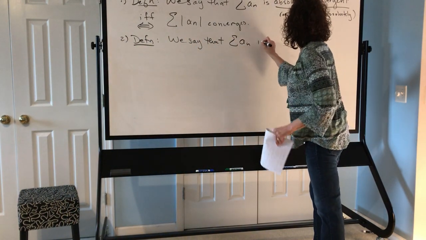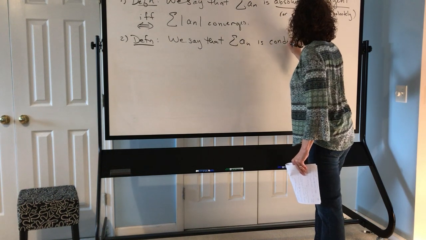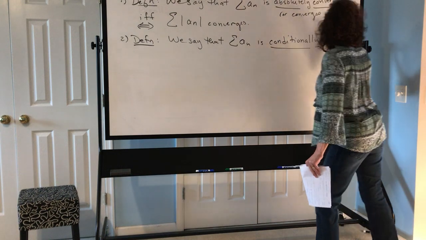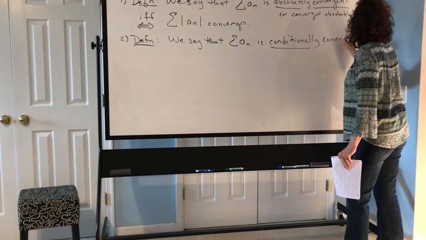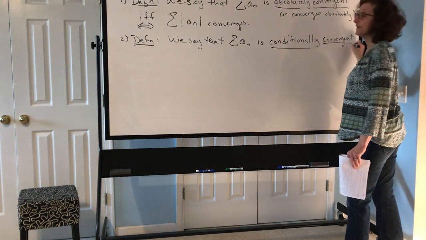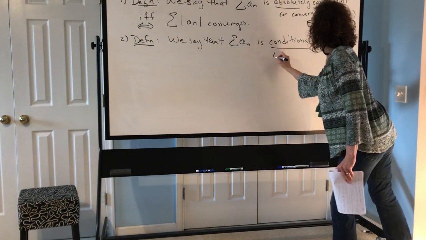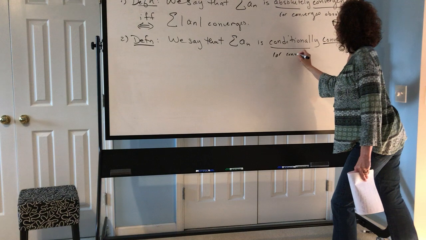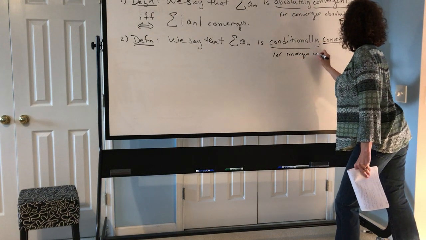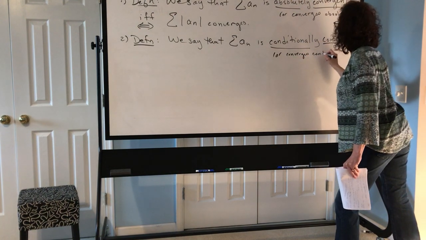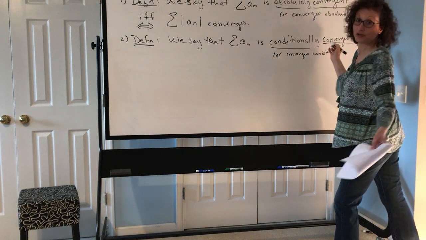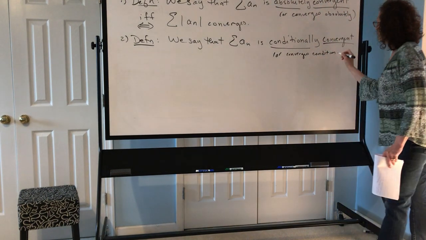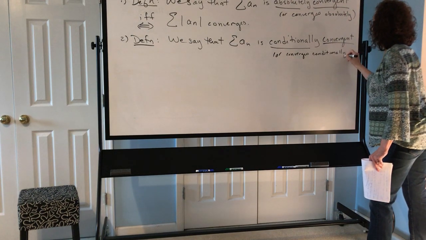We say that that is conditionally convergent, or, you guys tell me, or it converges conditionally. I don't really like this terminology. We'll talk about why not in just a minute, but this is the terminology we have, and so we have to go with it. Or converges conditionally.